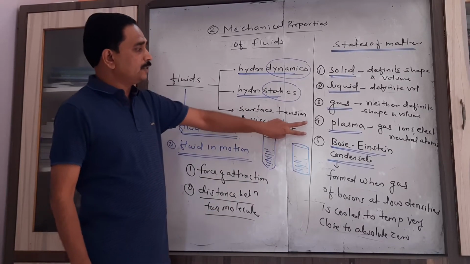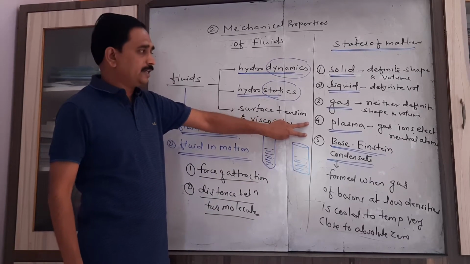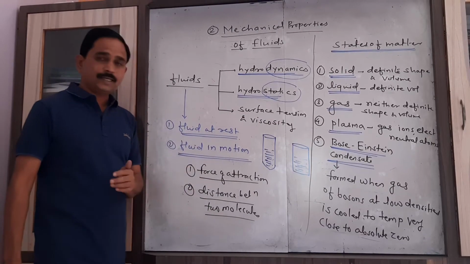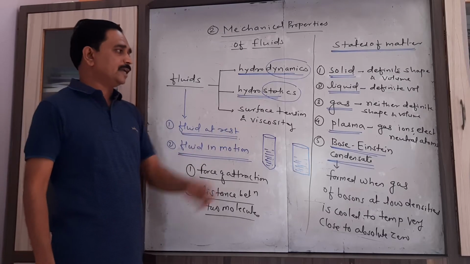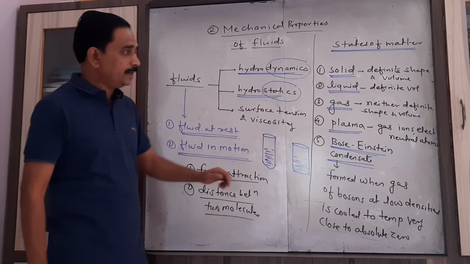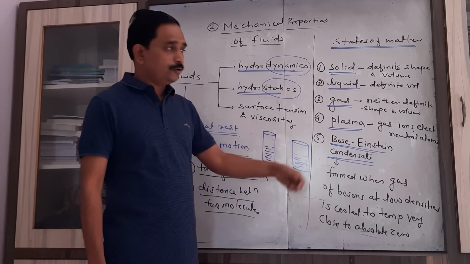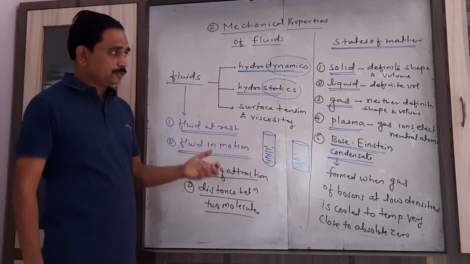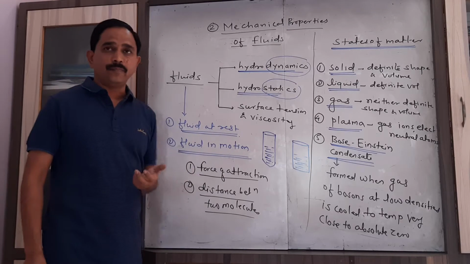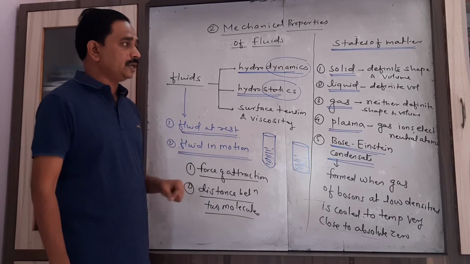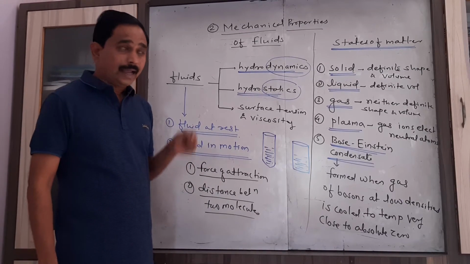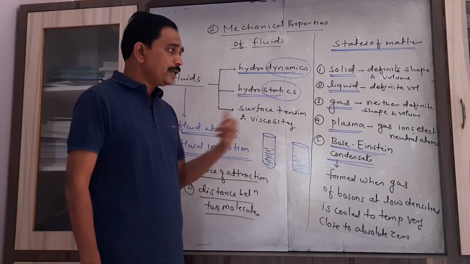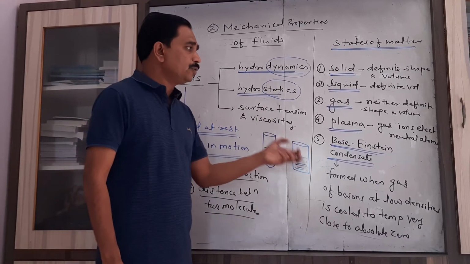Then we have to consider these two states just for our knowledge, that is the plasma state and Bose-Einstein condensate state. Now here about the plasma, in our new books some lines are given. So plasma is also one of the states of matter which is generally a gas having certain ions, free electrons and neutral atoms.